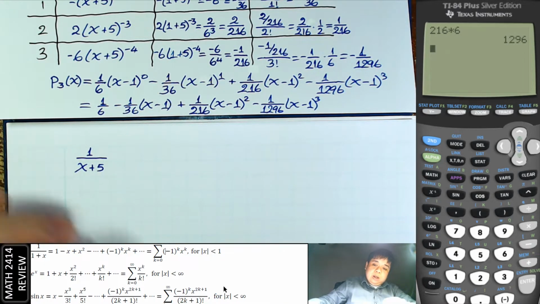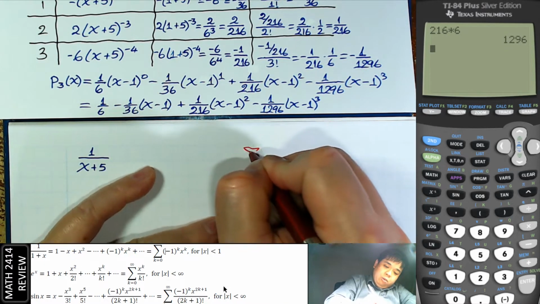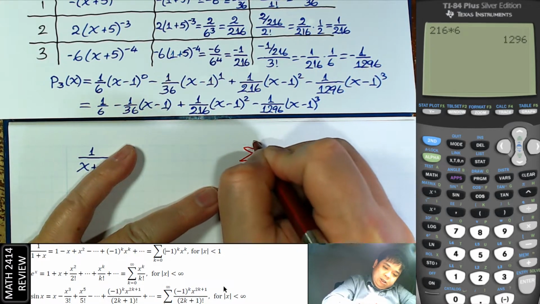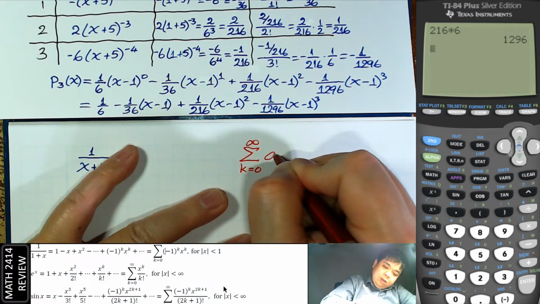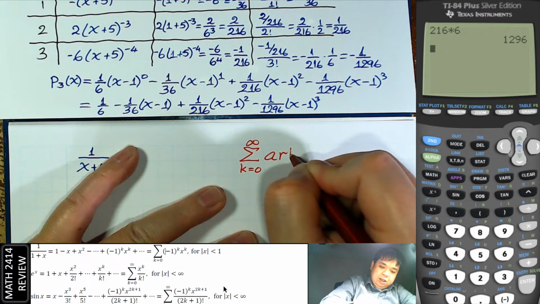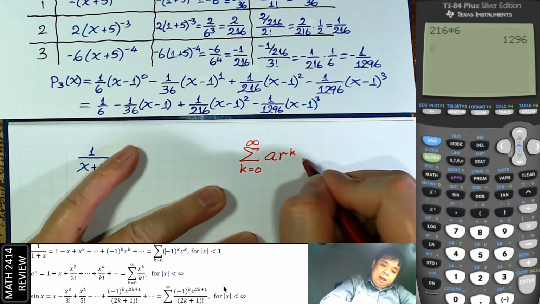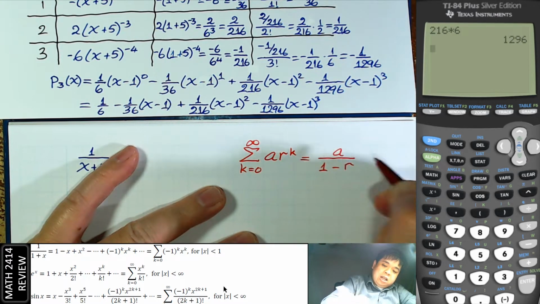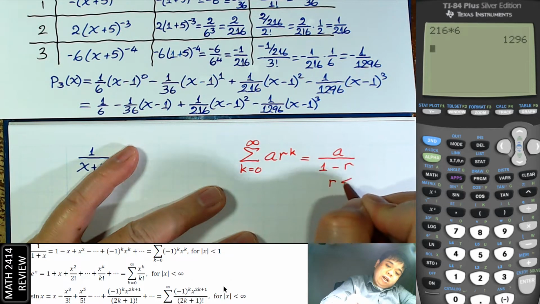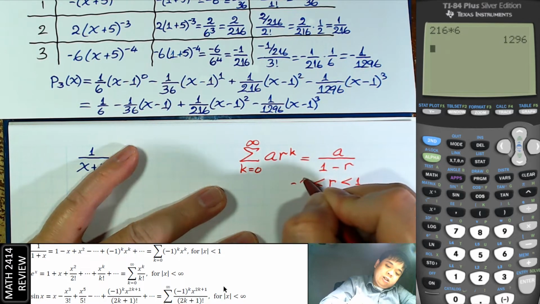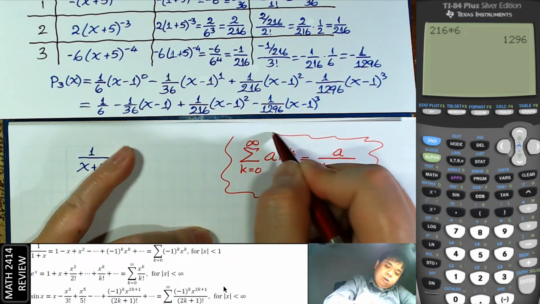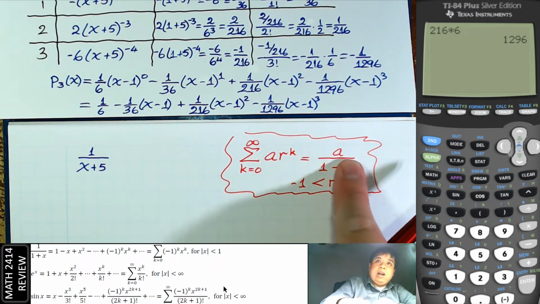What I will do is I will try to compare this to a geometric series, sum of a r to the k, and this is equal to a over 1 minus r, as long as r is between negative 1 and 1. So that's what we try to turn this into, the right hand side here.